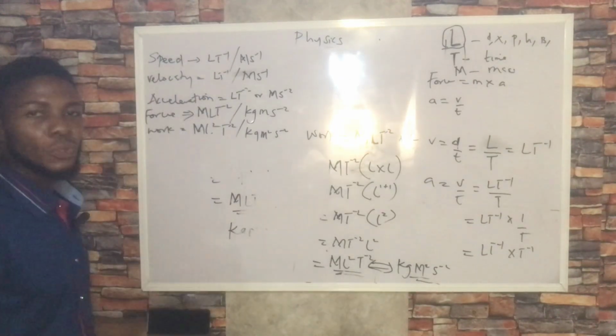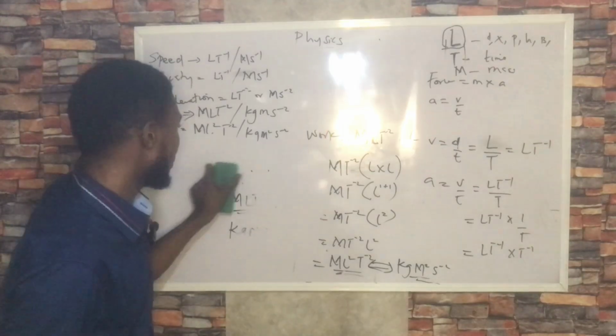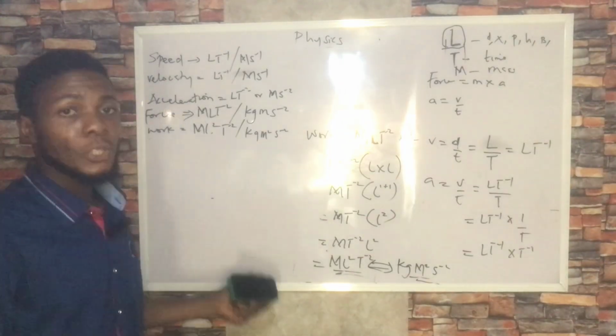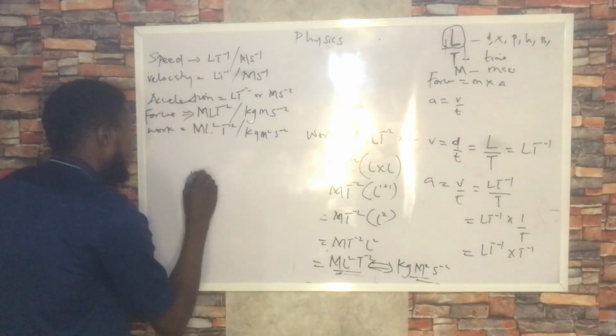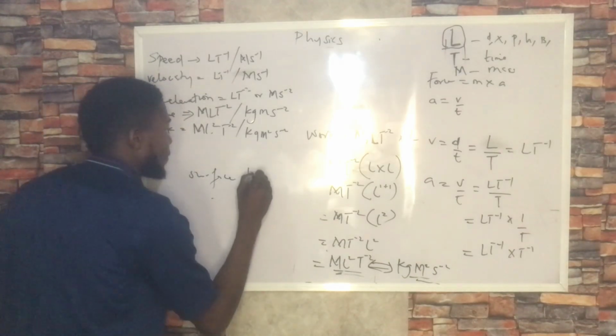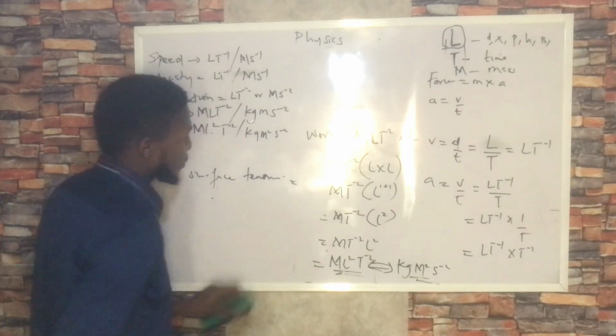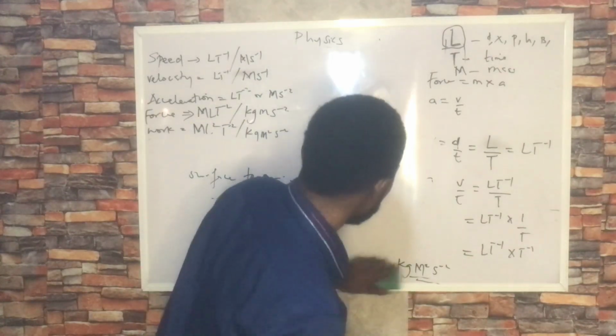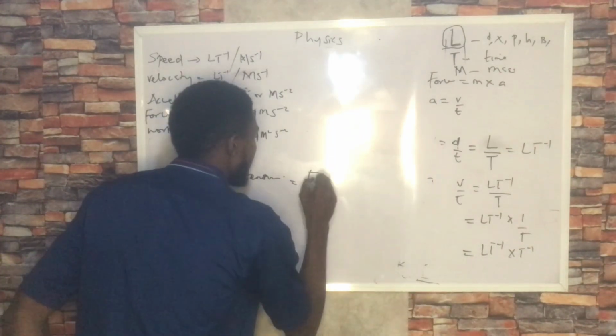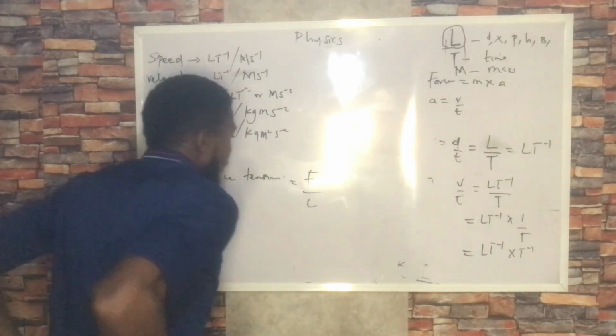We have surface tension, viscosity, pressure. Let's take, for example, surface tension. Surface tension is given as force over length.